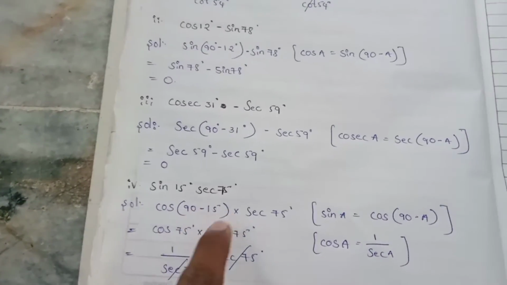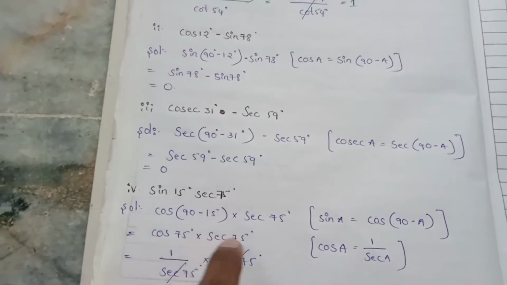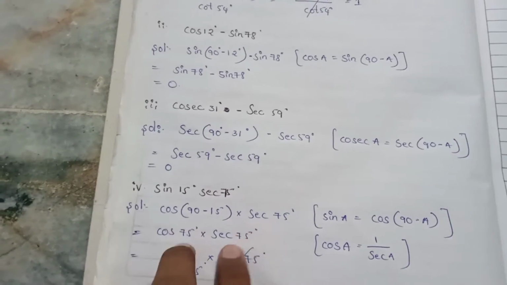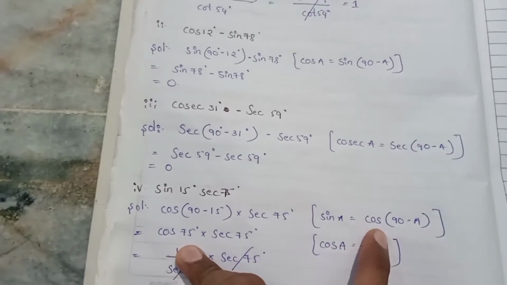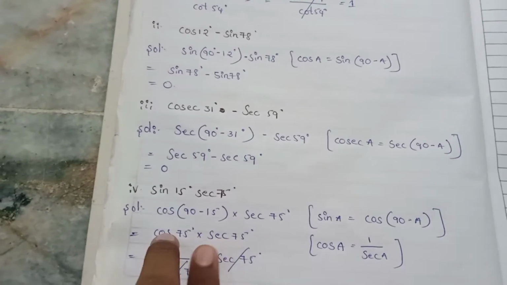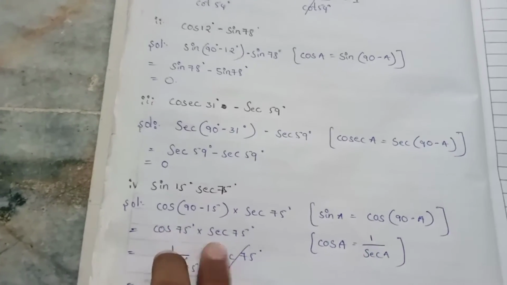Cos 90 minus 15, 75 degrees, into sec 75 degrees. See, even after using this formula we can't get both equal here, because here it is cos, here sec.